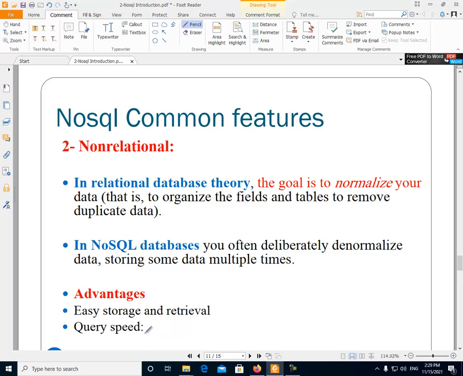In the relational database, the data is in different tables, so first we have to join them together, and join is time consuming. But in the NoSQL database, all of the data is stored together, so we don't need to join it, so the operations are faster.